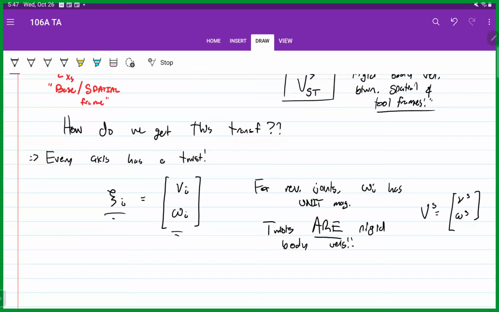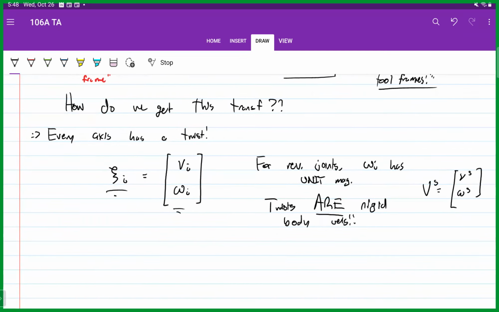So how do we fix that? How do we go from this twist xi to an actual component of our total rigid body velocity? Well, we know that we have the rate at which we're going around each of these axes, right? So let's try to combine it. Let's multiply our rate, theta dot I, our speed about this axis, and the twist.